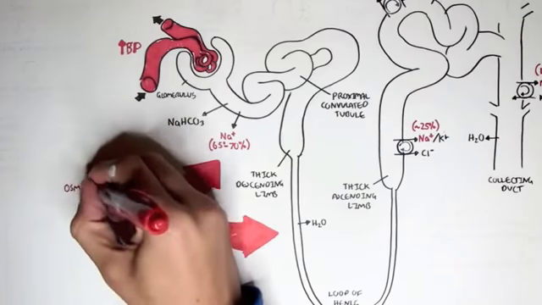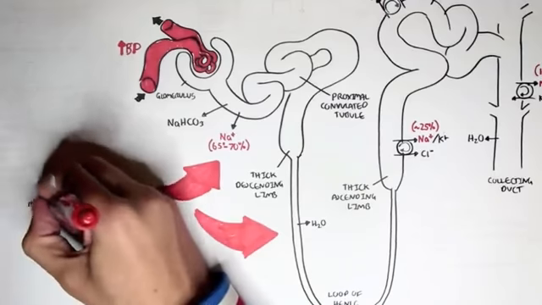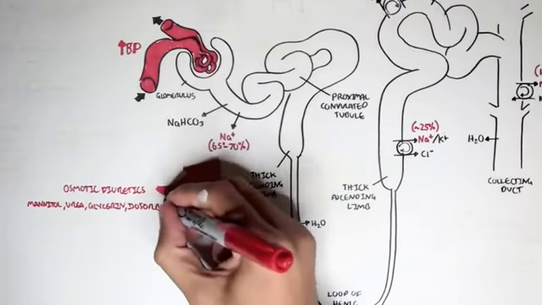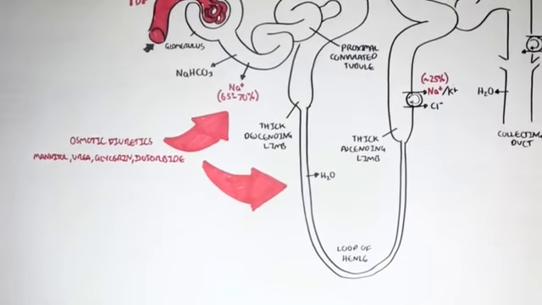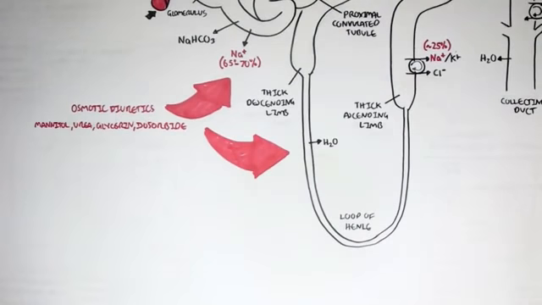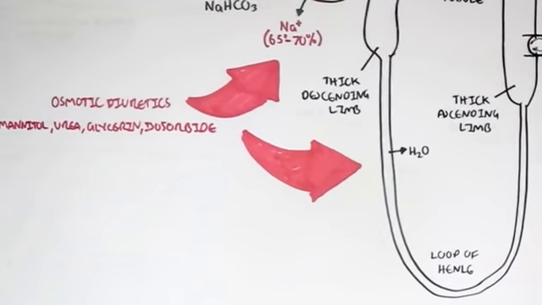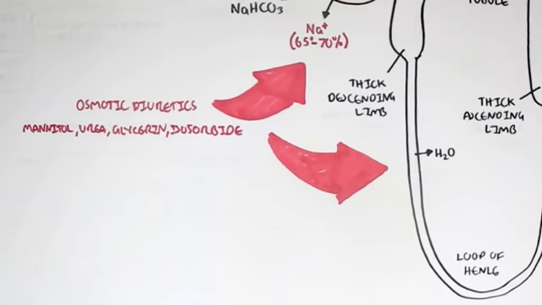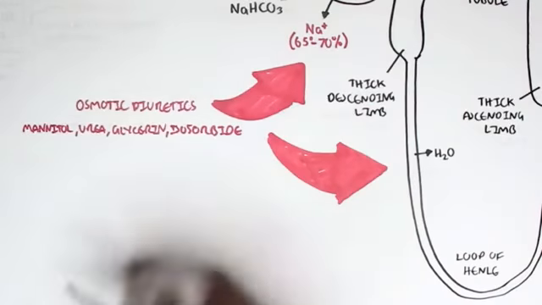These are things such as mannitol, urea, glycerin, and isosorbide. Now, they don't really sound like one of those drugs because really their main function is that they increase the solute concentration within the tubules and therefore cause water to be retained within the tubules.